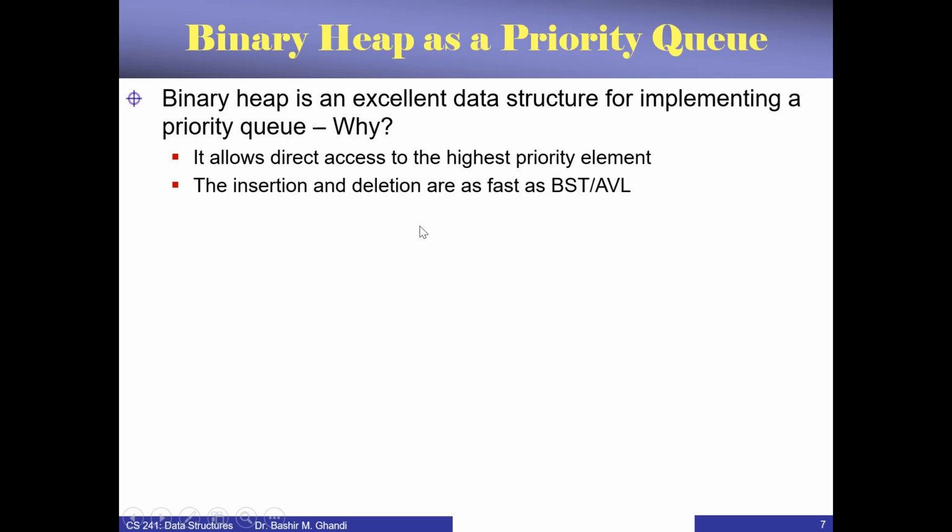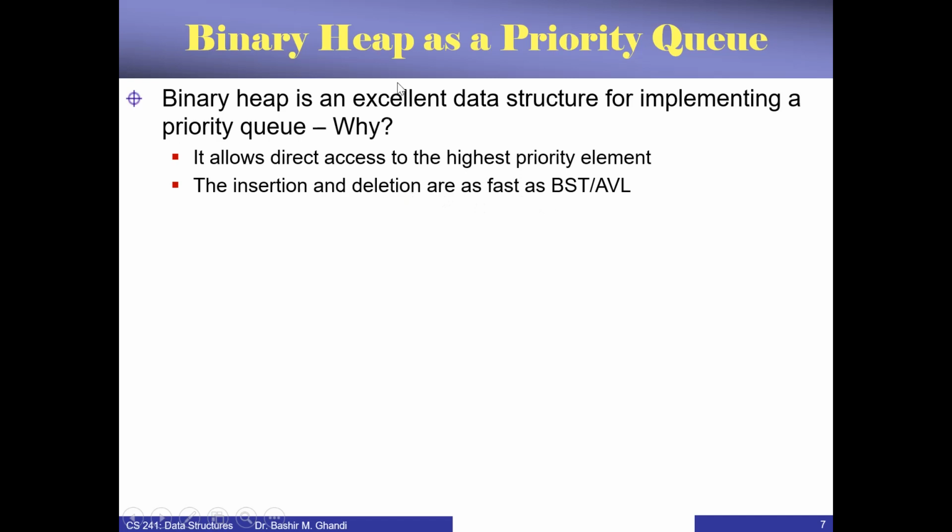So this is why we have the second point here, that binary heap is an excellent data structure for implementing priority queue, not only because we can access the highest priority element directly, but also because insertion and deletion are as fast as BST or AVL tree, which are so far the best data structures we have seen in terms of the efficiency of insertion and deletion.